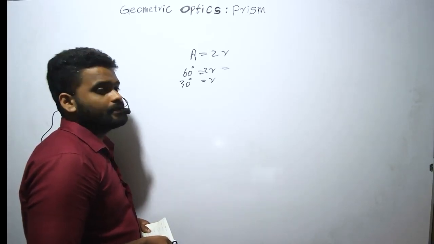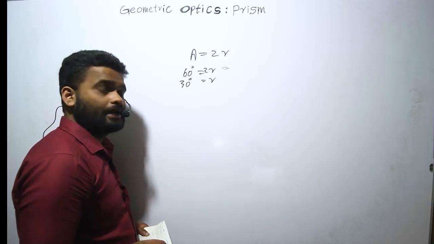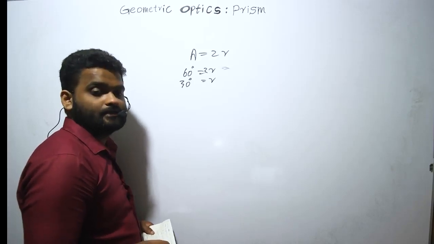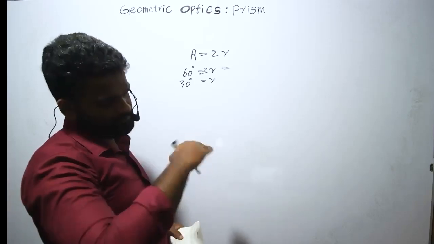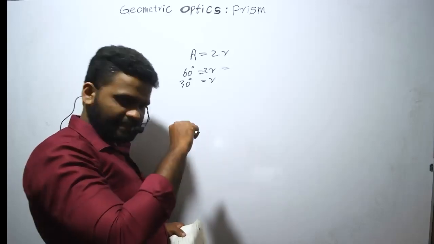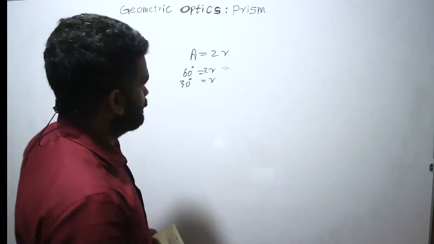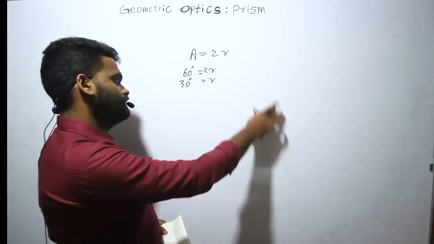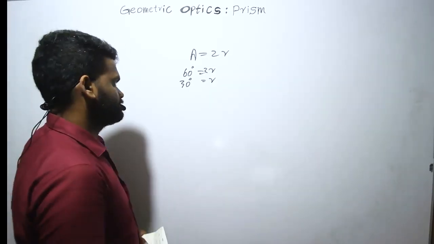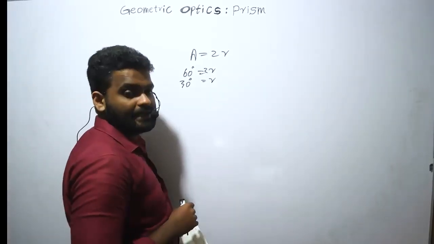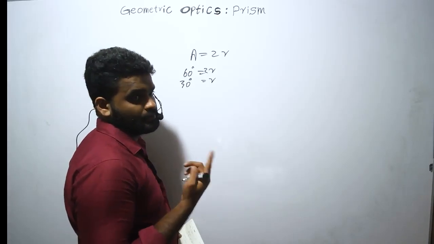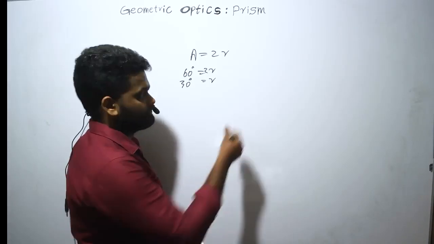Then you need to find I, right? I, the incident angle. For the minimum deviation, there's a certain incident angle as well, right? To get that, you need what? Snell's law.